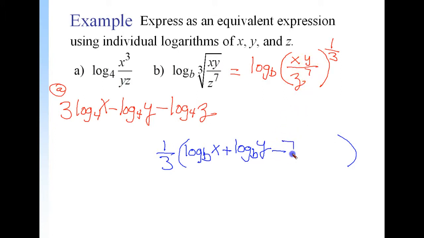The exponent is 7, so minus 7 log base b of z. And there it is.